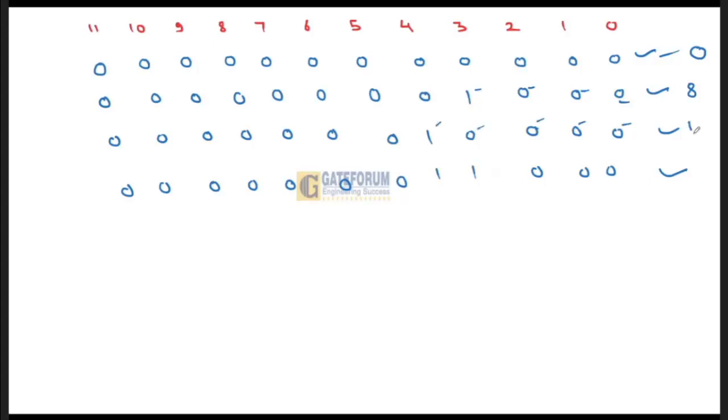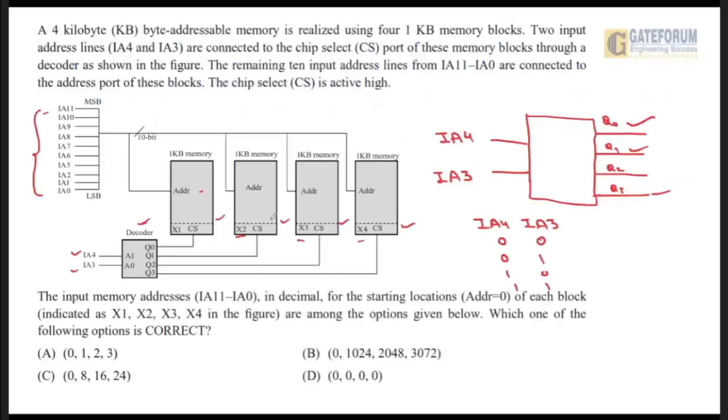So it will be 16, and 16 plus 8 is 24. So the base addresses of the different blocks are 0, 8, 16 and 24. The base address of this will be 0, this will be 8, this will be 16 and this will be 24. So the correct answer is option C. I hope the solution is clear to all of you.